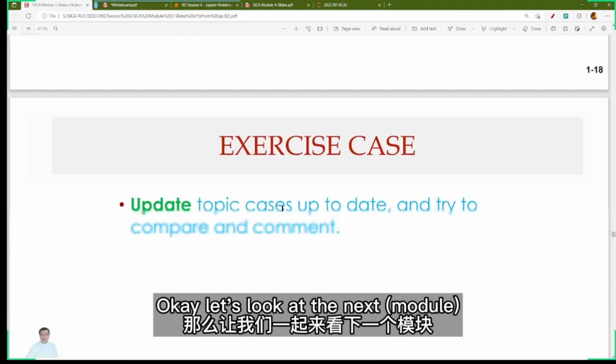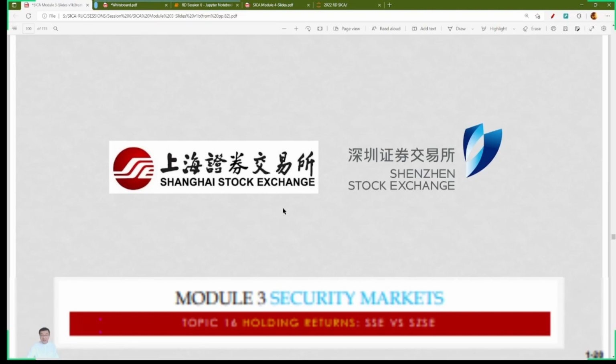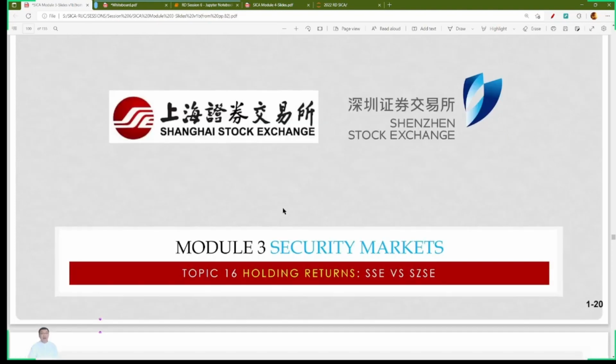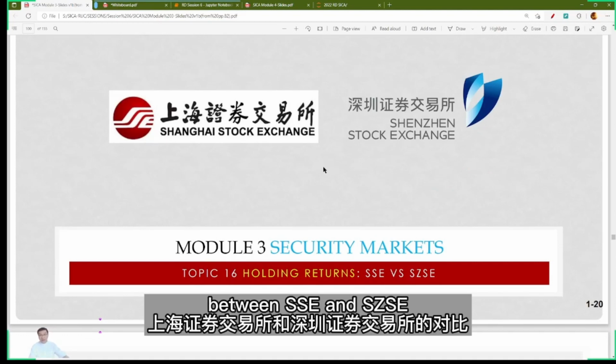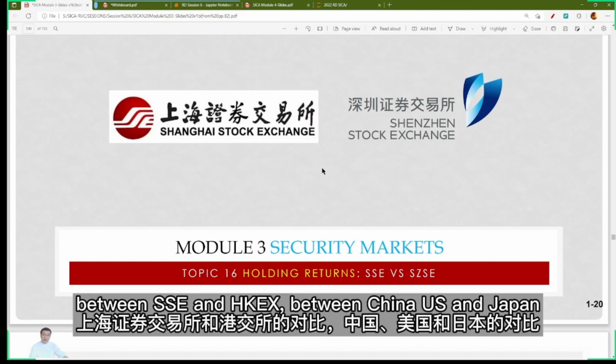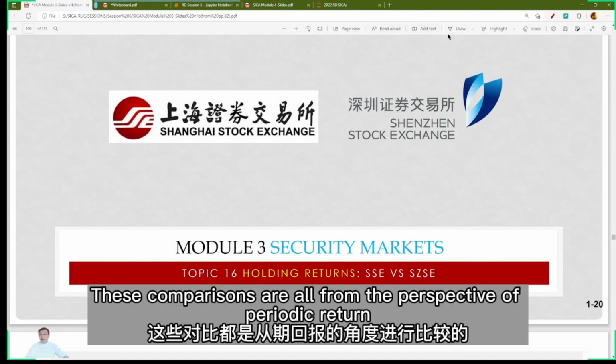Okay, let's look at the next. Just now we have talked about the comparison of periodic return between SCSC and HKEX, between China, US, and Japan. These comparisons are all from the perspective of periodic return.